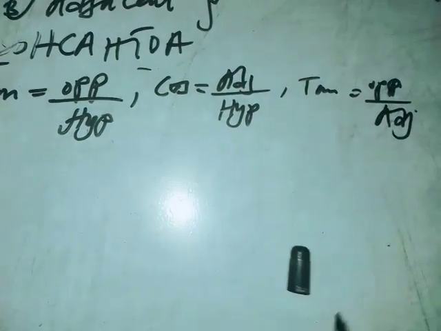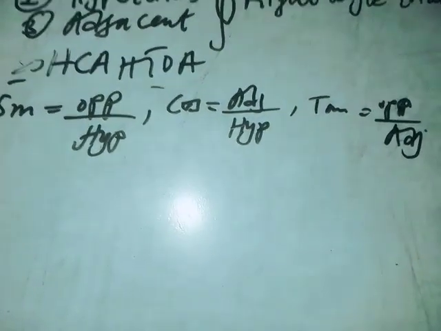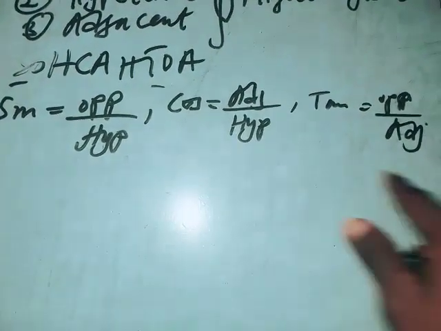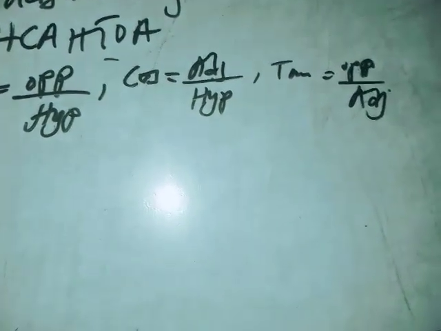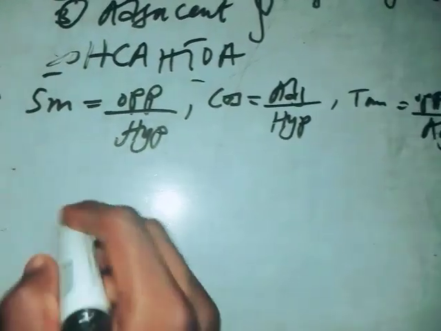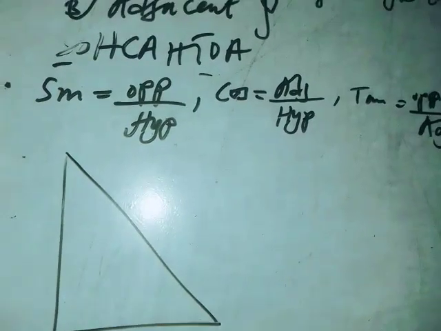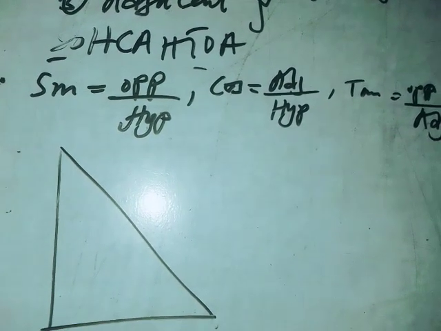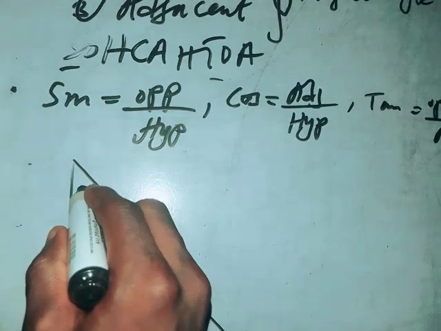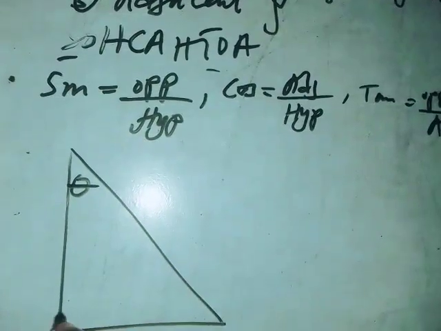Now that is how that abbreviation is gotten, and it's always used to name this angle. Assume this is my triangle, and this happens to be my angle theta, and this is angle 90.